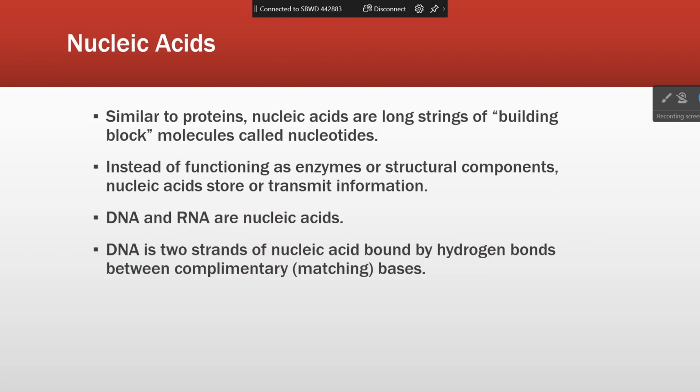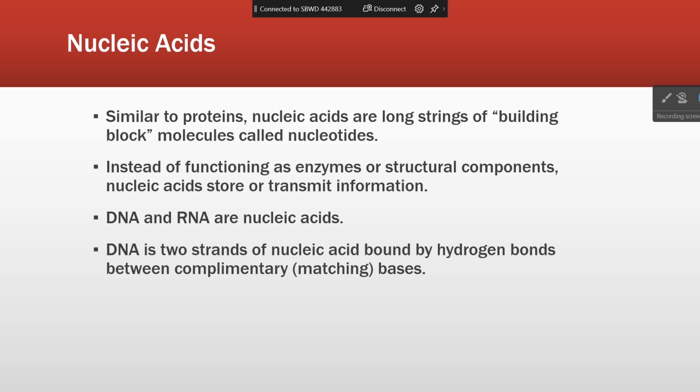So carbohydrates, proteins, fats. We talked a little bit about energy. Last topic for today will be nucleic acids. Okay, so similar to proteins, nucleic acids are long strings of building block molecules, long strings of Legos, right? But here, instead of a whole bunch of amino acids, there's only 4 kinds of Legos.